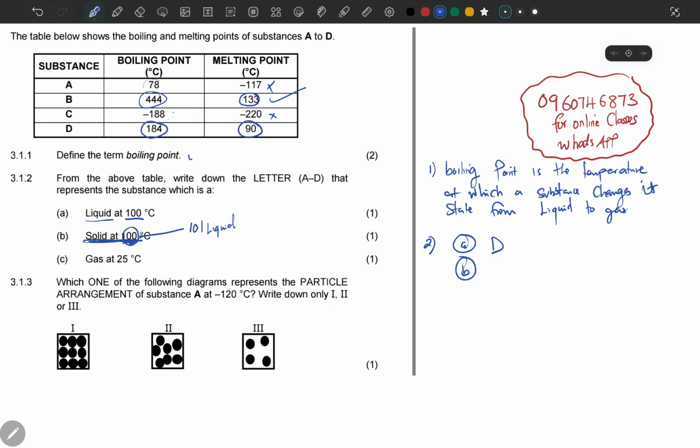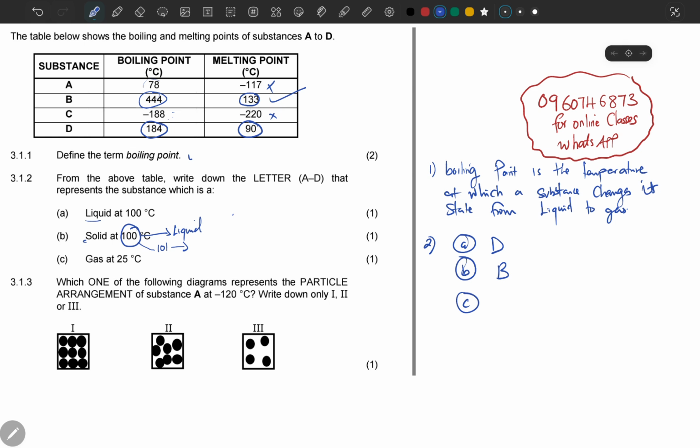For a substance to be a solid at this temperature, that substance is able to melt here and turn to liquid, meaning the temperature is going to exceed 100, maybe start from 101 and above. And it's only B which can agree with me, because all this is less than 100, this one also less than 100, so B qualifies.